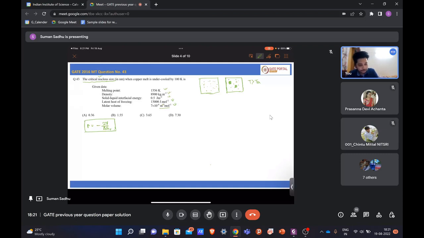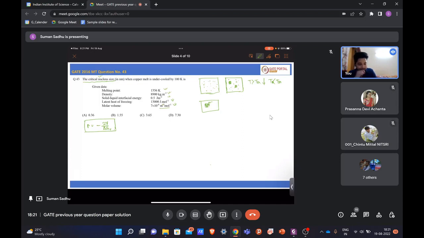Now, if you decrease the temperature below Tm, let's say one cluster is there, which is regularly arranged. It is formed by short-range ordering. Now, when one more atom jumps into it, it becomes stable.